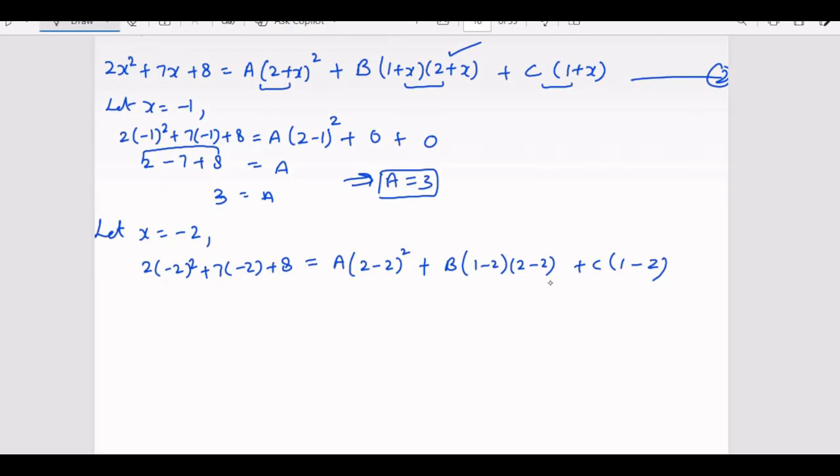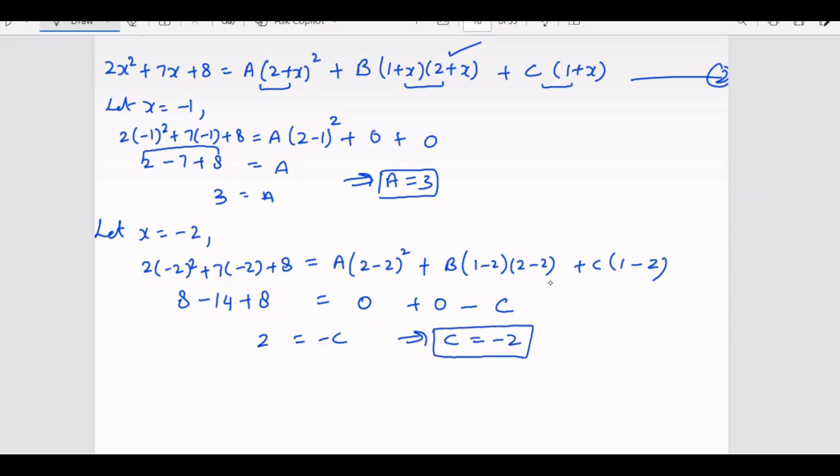So what do we have here? This is going to become 8 minus 14 plus 8 equals 0 plus 0 and this is -1C. So 8 plus 8, 16, minus 14, this is going to be 2 equals minus C. So that means our C is -2.